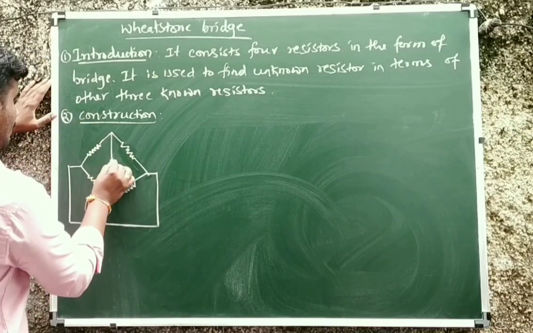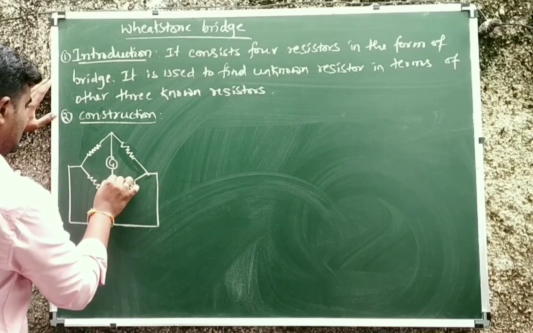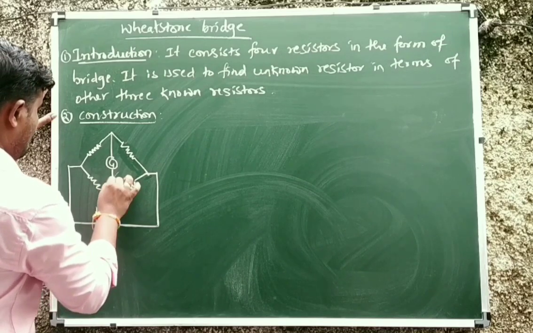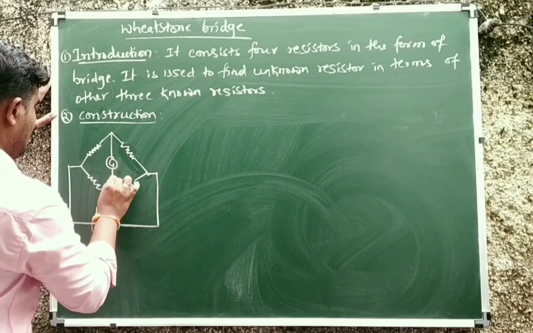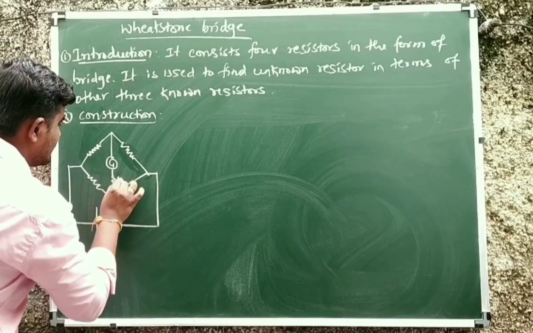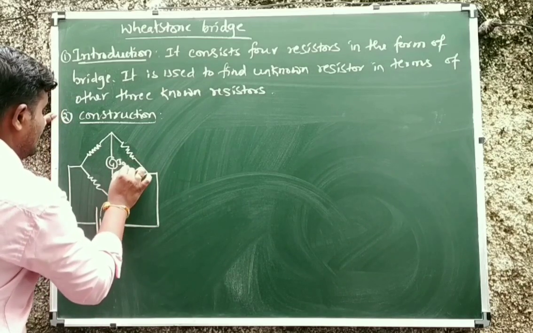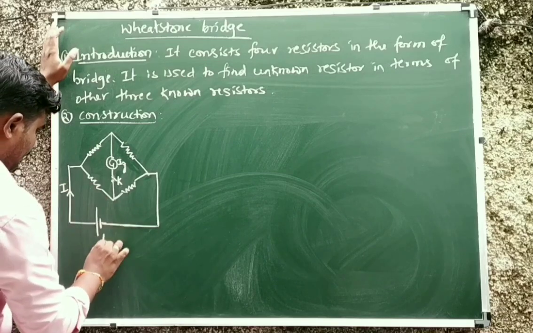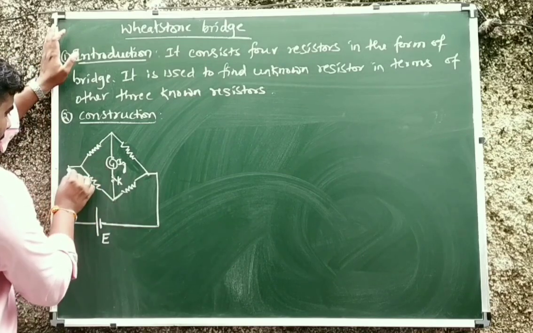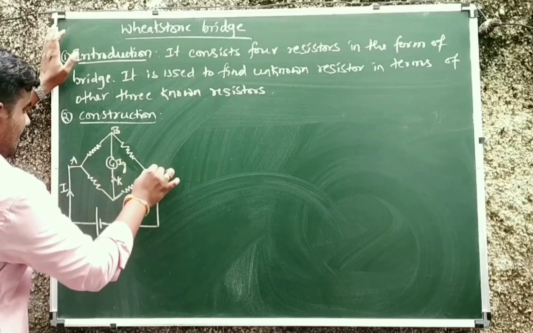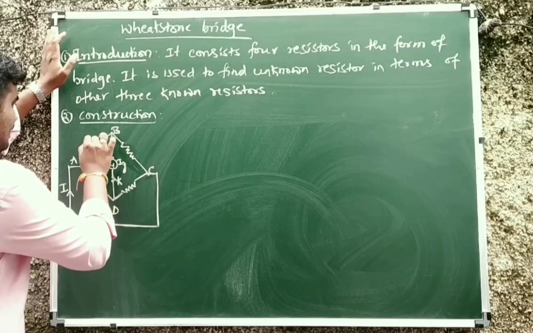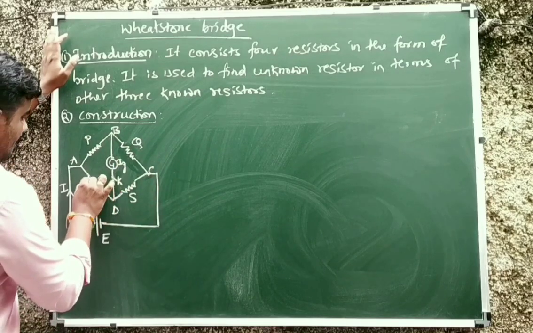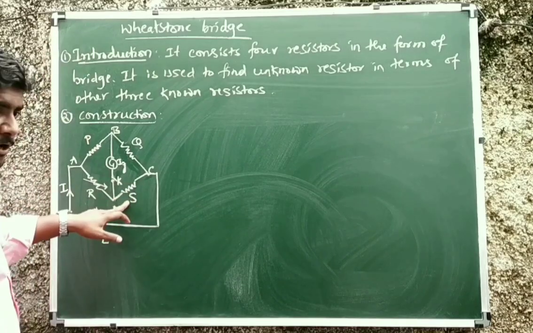And here one galvanometer, and this is the key. IG current is flowing through the galvanometer, and I current is flowing through the circuit, and the cell is E. Let us name the points A, B, C and D, and these resistors let us name as P, Q, R, S. This R is a variable resistor, and S is the unknown resistor.